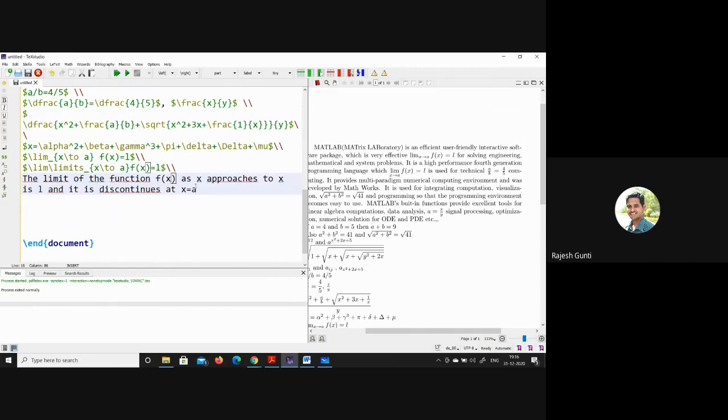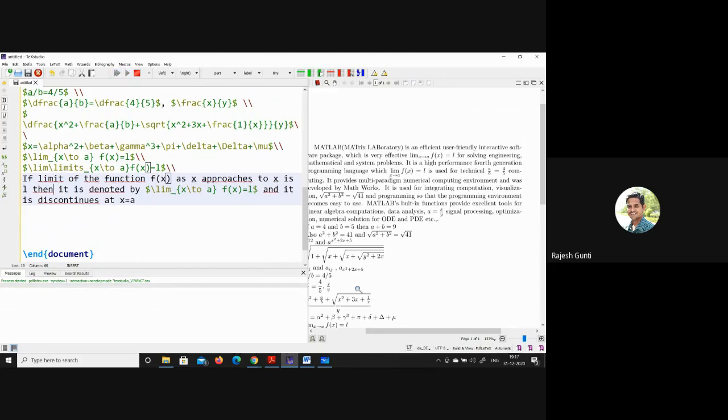So this is the running matter. If the limit of the function f of x as x approaches a is L, then it is denoted by, and you run this. What will happen?